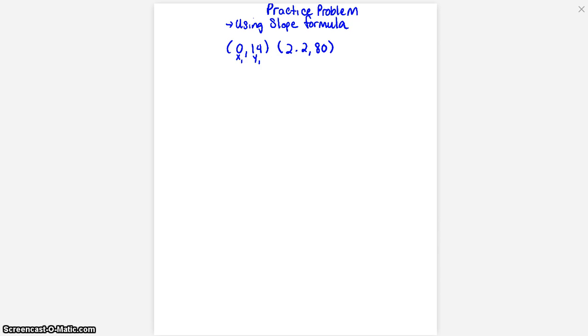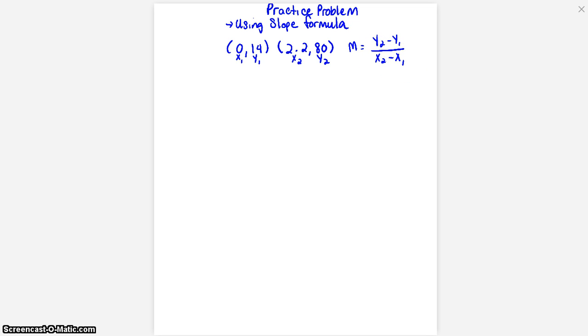Every point has an x and a y, a rise and a run. And I'm going to label this x2, y2. If you have your notes open in front of you, you remember the formula for slope was y2 minus y1 over x2 minus x1.